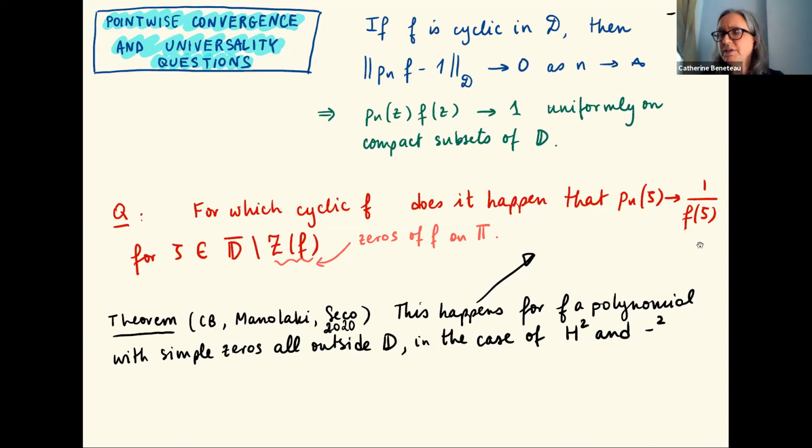So is it still true that Pn of zeta converges to 1 over f of zeta, for zeta in the whole closed disk, where f is a nice function, so f of zeta makes sense everywhere on the circle? Except for the zeros, you shouldn't expect them to converge at the zeros of f, because this is 0 and this is 1. So certainly that can't be the case. But other than that, do I get convergence?